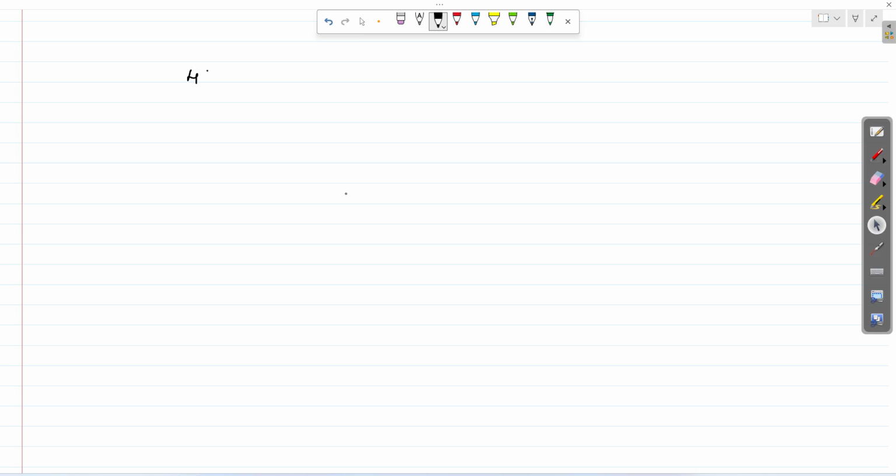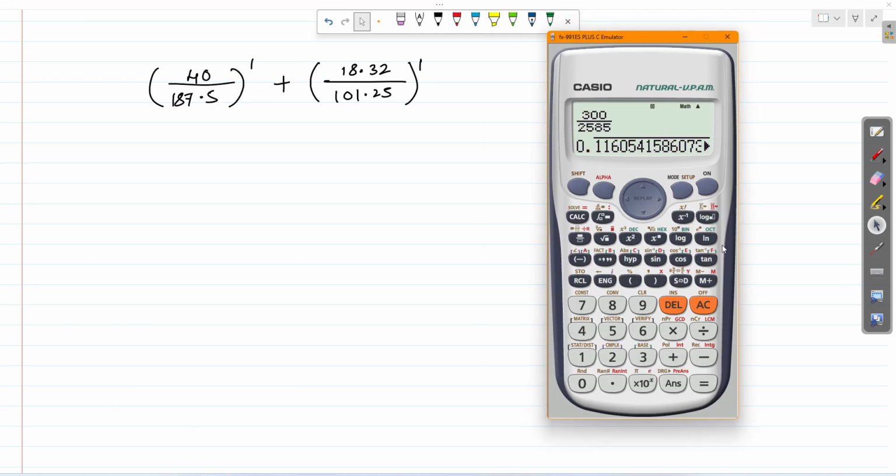So the design moment is 40 divided by the capacity 187.5, to the power alpha n equal to 1, plus about 22 the design moment 18.32 divided by the capacity 101.25, to the power 1. So let me check this. So 40 divided by 187.5.